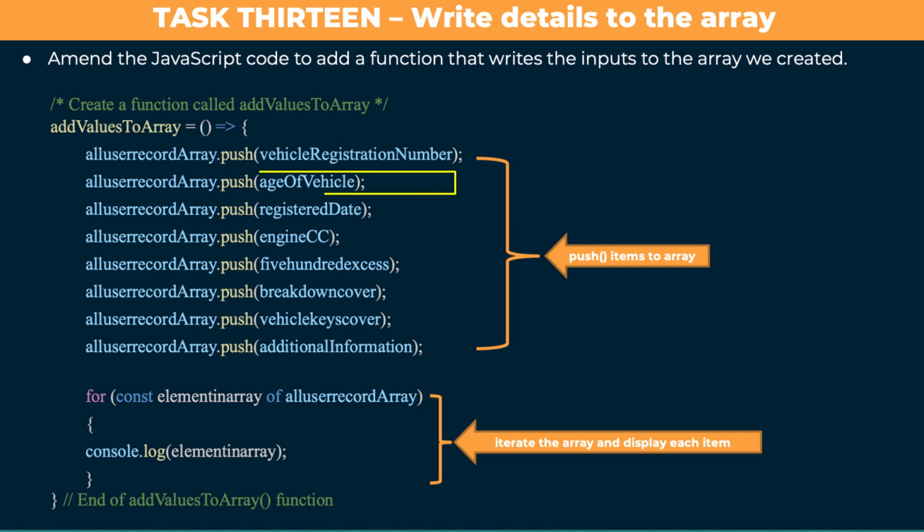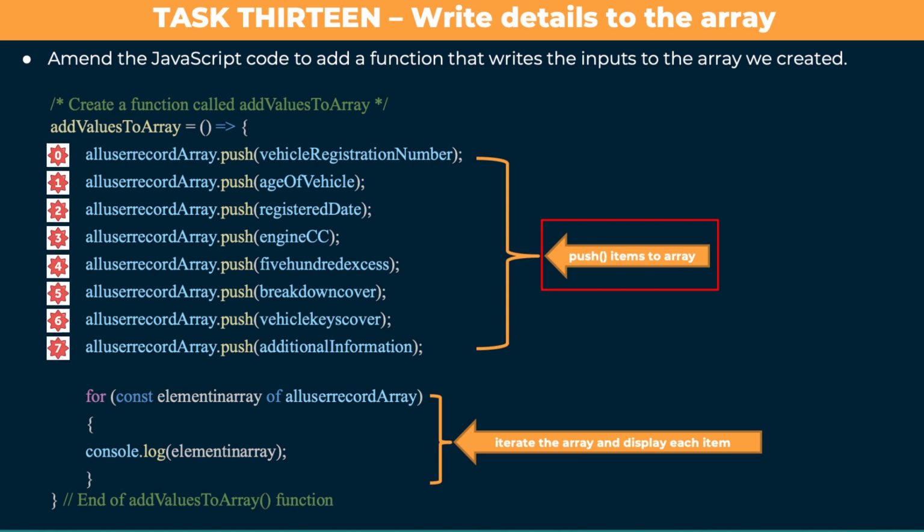We then do another push with the age of vehicle, and that goes into position 1. Then we do another one with registered date, and that goes into position 2, etc. So the .push method of the array in JavaScript pushes the variables or the content to the next position in the array. So we start at 0 and we work our way and add them one by one.